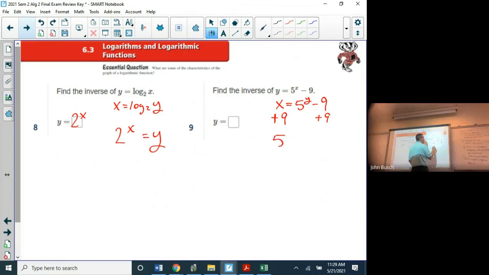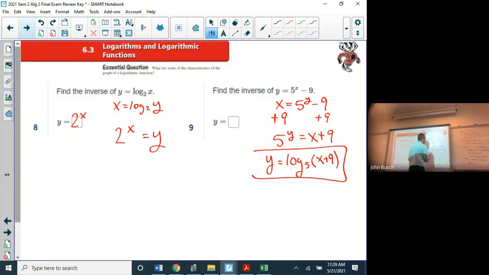And 5 to the y power is x plus 9. Now rewrite it as a log. Power equals log. So y equals a log. And the base of the log is 5. We're evaluating x plus 9. So that is the inverse function.